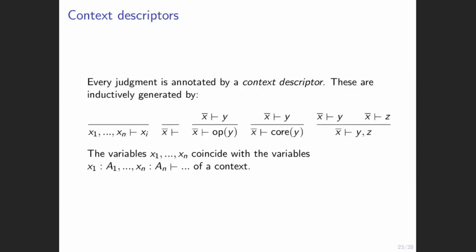All right. So there we have the modes, and now we need another layer. Hopefully, all this will become a bit more clear when we get to actual interesting things in the type theory. So we need this other layer of context descriptors.